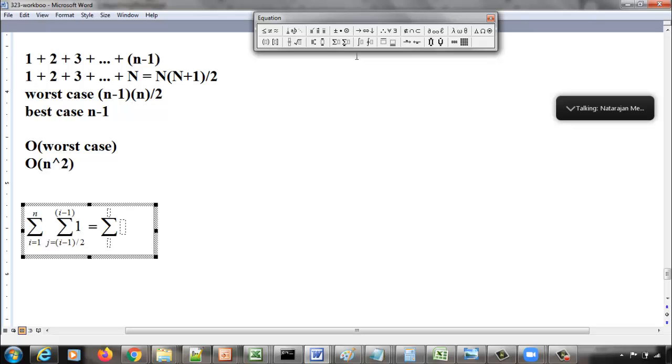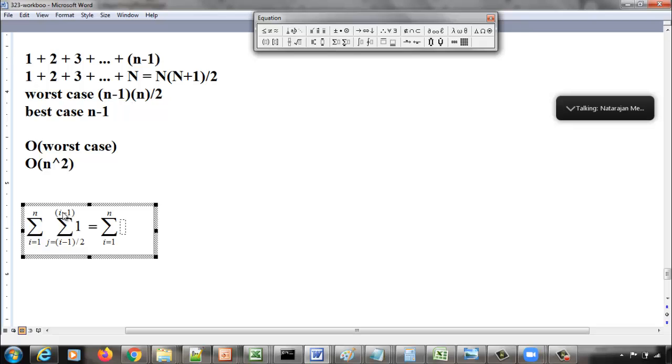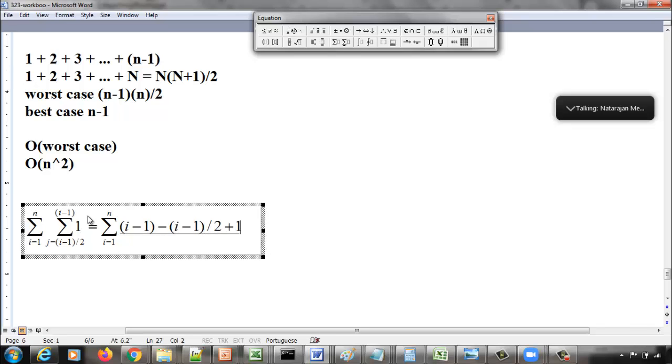We will keep the outer summation as it is. And the inner summation, if you apply the formula, is upper limit i minus 1, minus lower limit (i minus 1) over 2, plus 1.